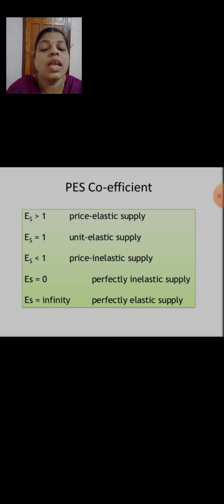Next one is ES is equal to 1. We can call that coefficient or degree unit elastic supply, or unitary elastic supply. What it represents is that the change in the supply is proportionate to the change in the prices.